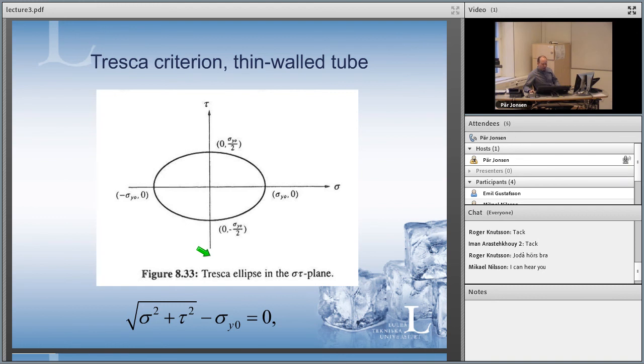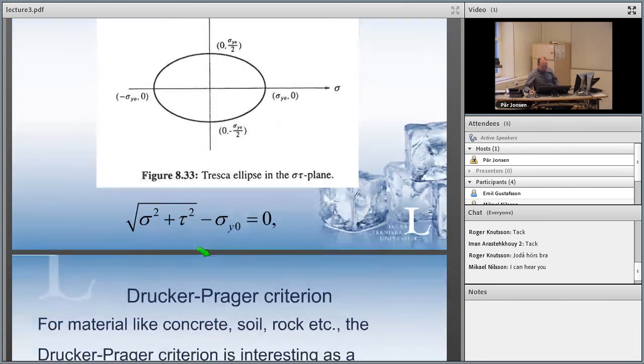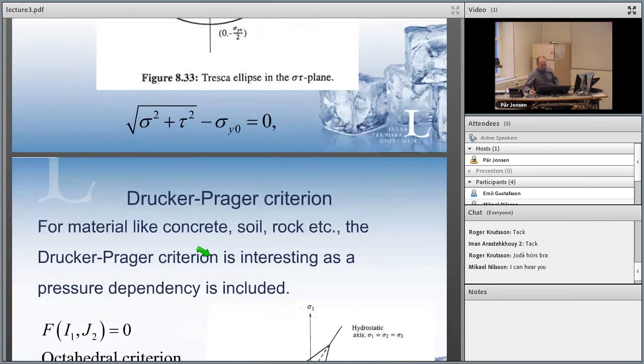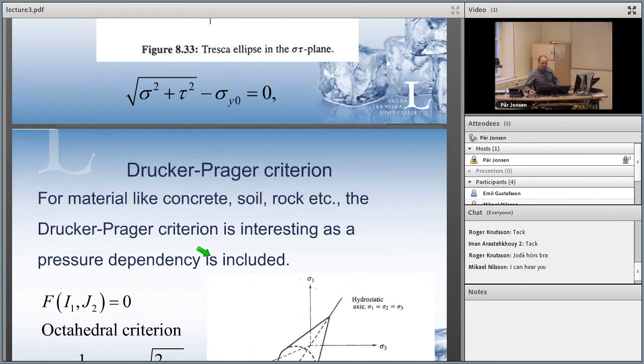If you compare that one to the von Mises model, you will have another value, but it's still an ellipse. Even if in full stress space, it was this cylinder with straight walls. So this was more for steel material.